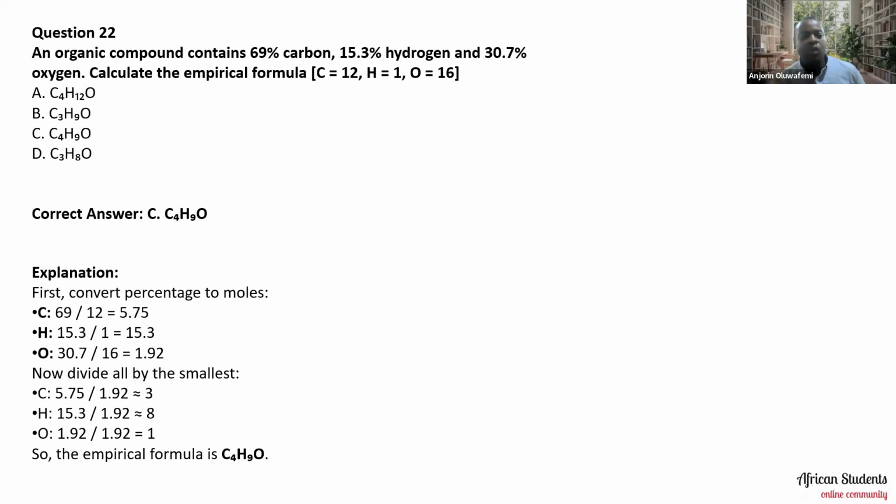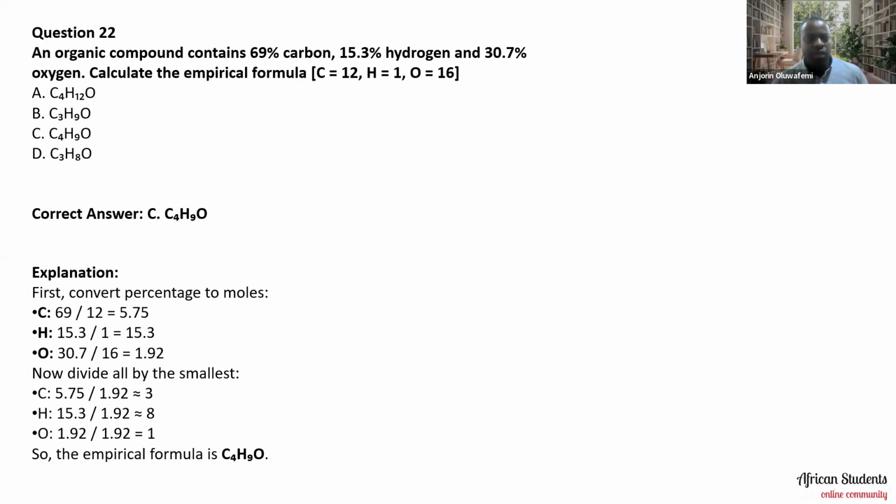And when you do that, you have a relationship of carbon 3, hydrogen 8, and then oxygen 1. So that is what we'll have there. So the right answer for all should be, I don't know. Okay, I think there's a little mix-up, please. Pardon me, I did not take note of this.